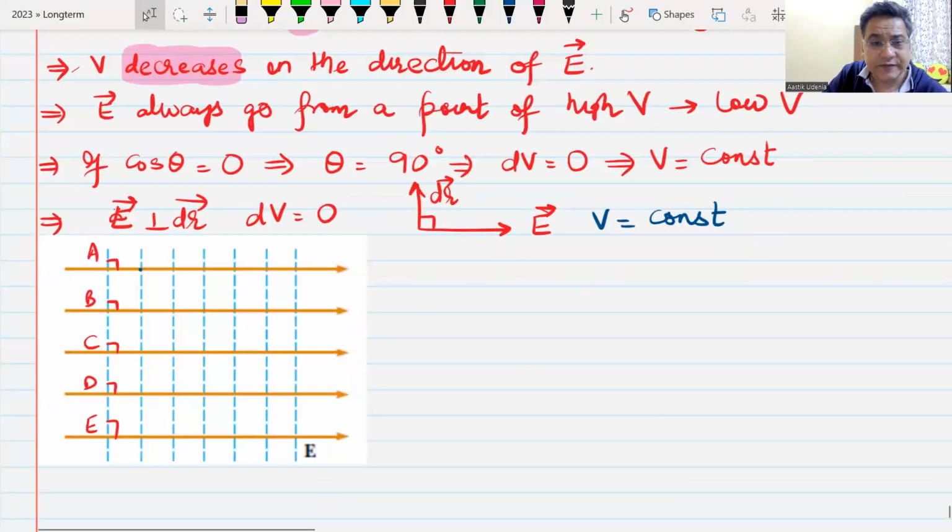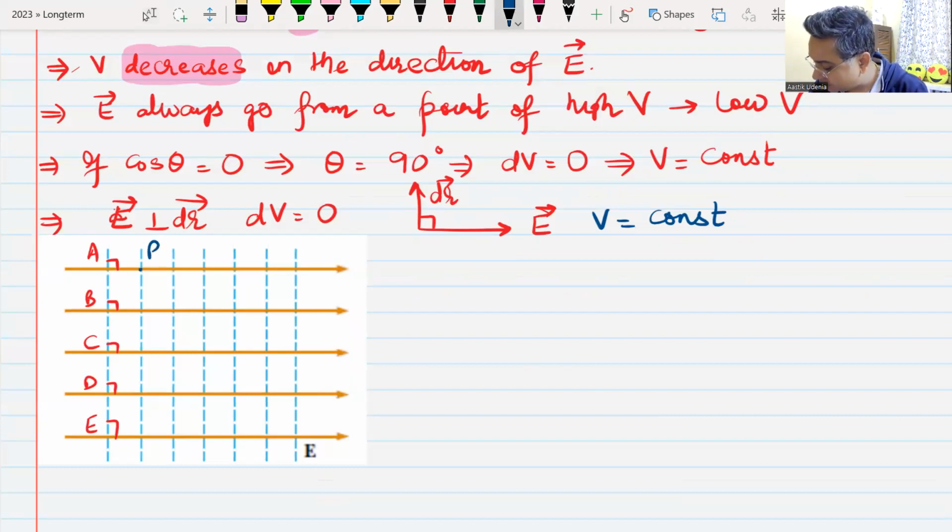These points P, Q, R, S, T, or A, B, C, D, they have the same potential, and there is a surface which joins all these points.